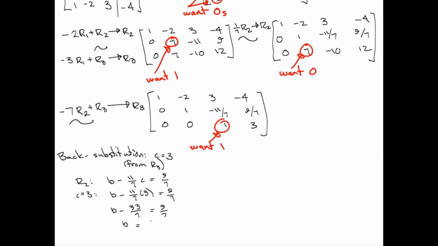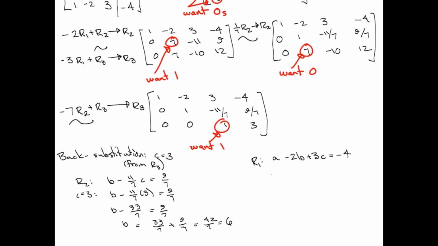So my B is equal to 33/7 plus 9/7, which is 42/7, which is 6. Okay, and now we want to go back to row 1, which told us that A minus 2B plus 3C equals -4.